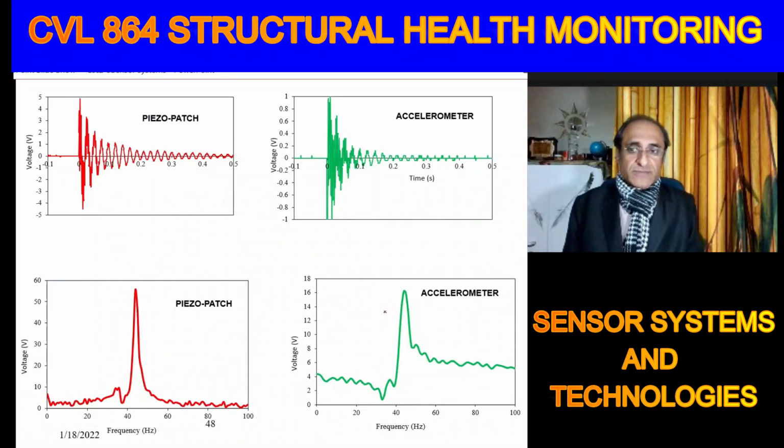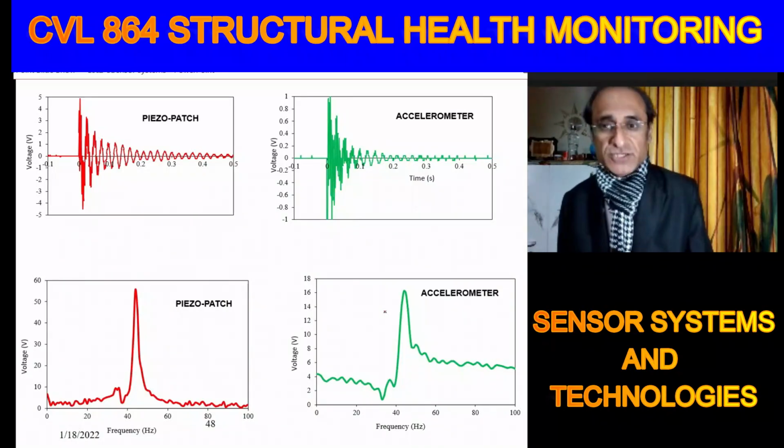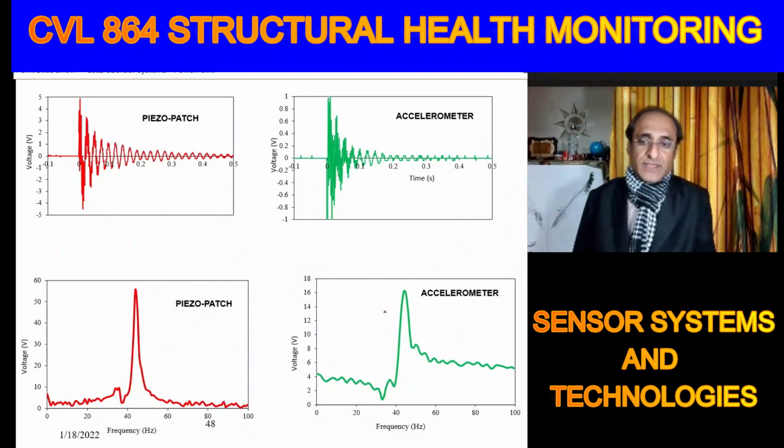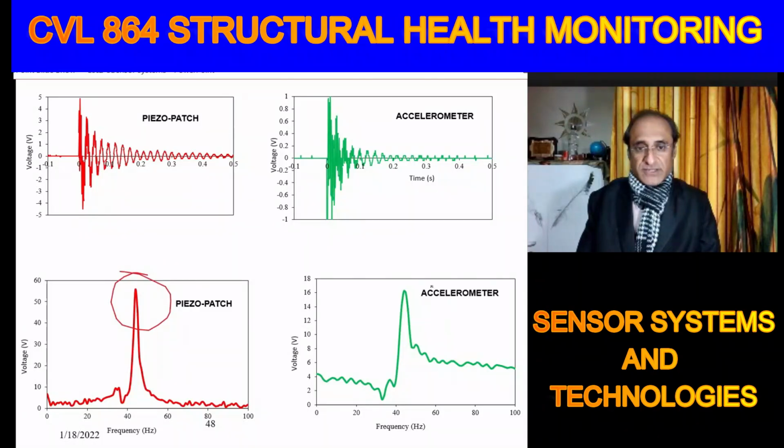Piezo is giving us voltage output in terms of volts. But if we are not interested in the absolute magnitude, just in the frequency analysis, then we are not bothered much about the amplitude. We are more bothered about the particular frequency we are trying to measure. So that way both are fine.